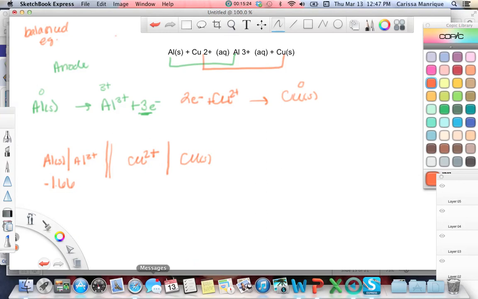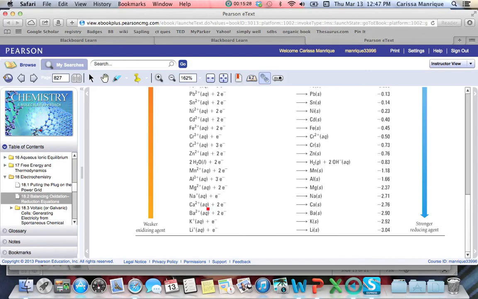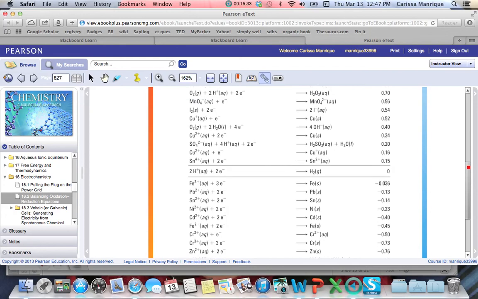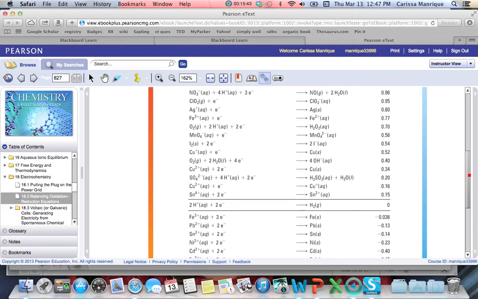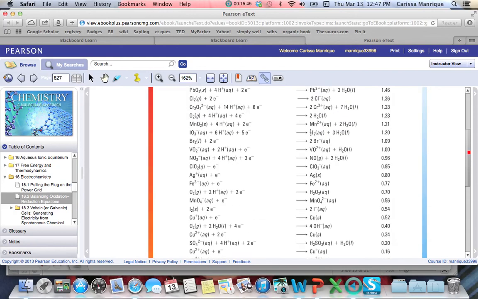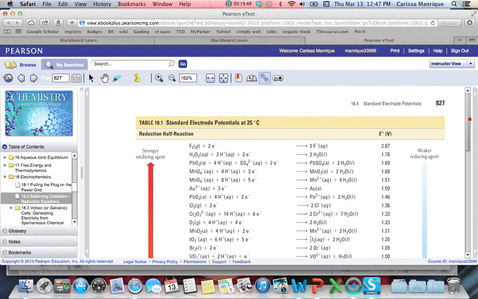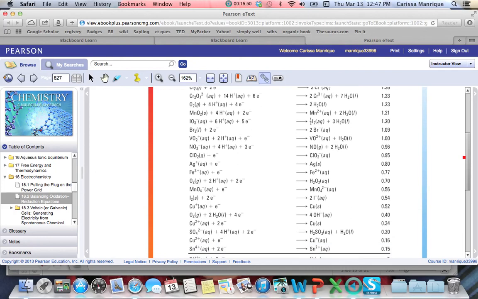And the copper 2 plus to copper. Look closely, because this is copper 2 plus to copper plus. We don't want that. We want copper solid. Look. It's somewhere on here. Here it is. Copper 2 plus to copper solid is 0.34.